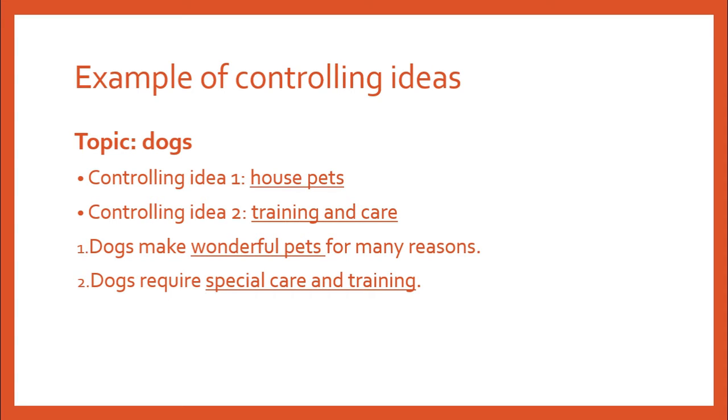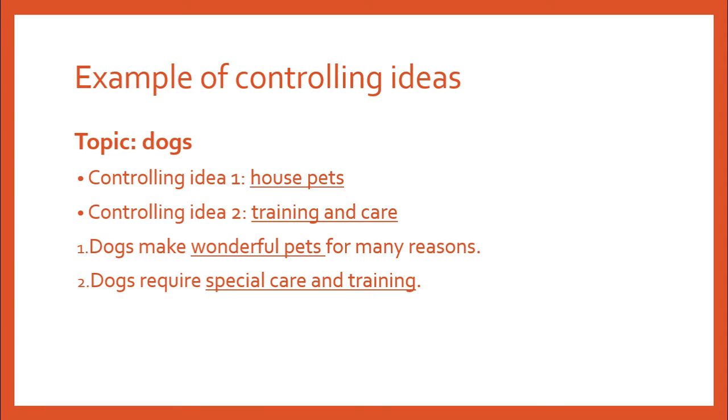So here, the topic is just going to be about dogs, and then both of the paragraphs here are going to be about dogs, and then the controlling idea determines what we will say about dogs. So if the first controlling idea is house pets, then our topic sentence about dogs and house pets would be something like, dogs make wonderful pets for many reasons.